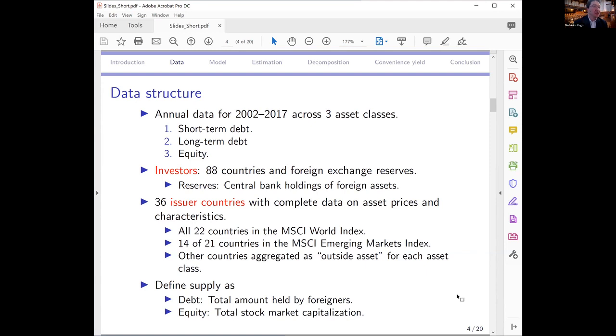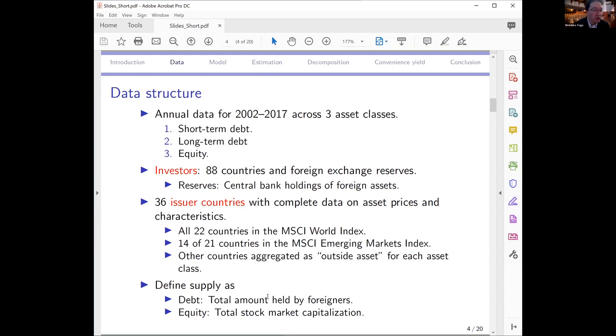These 36 include all 22 countries in the MSCI Developed World Index, as well as 14 of 21 countries in their Emerging Markets Index. All the other countries that are outside of these 36, we call an outside asset, so then everything aggregates to world wealth. We define the supply of assets, for equity, as just the straightforward total stock market cap of each country.